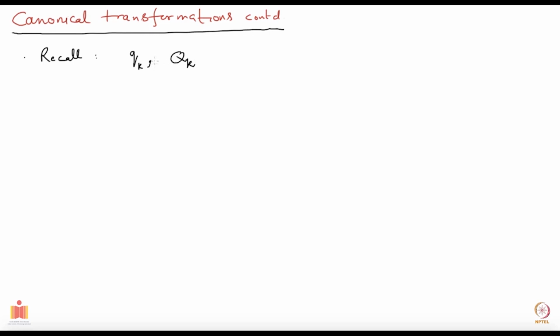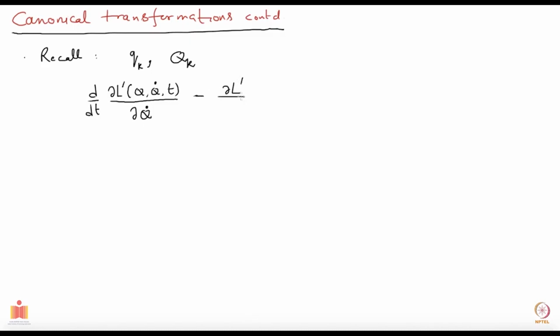So irrespective of whether you are using the small q's or capital Q, equations of motion in the Lagrangian formulation would look the same. I believe I also either showed this to you in the class in these videos or maybe gave an exercise, I do not recall, but this statement is true. Even when you are looking at your system using the coordinates capital Q, this equation of motion still holds true.